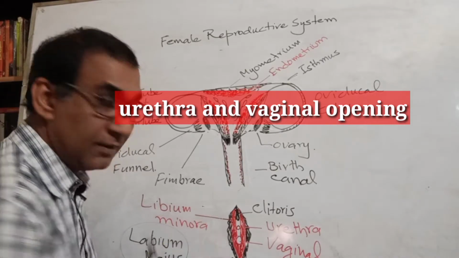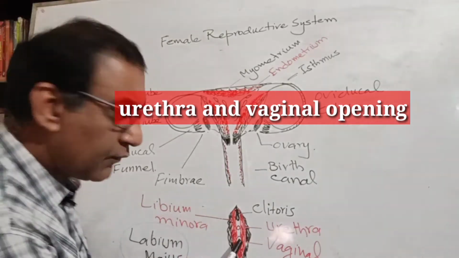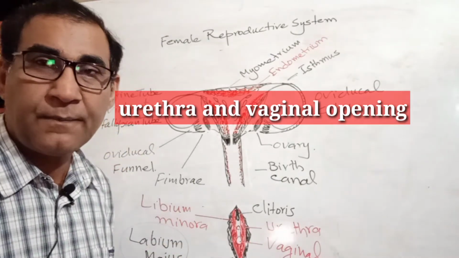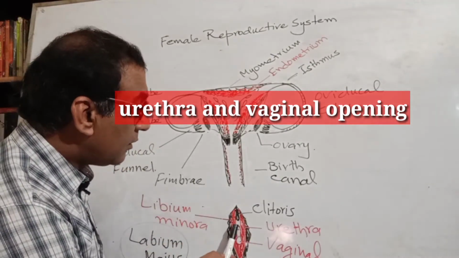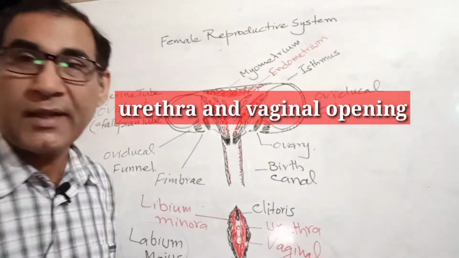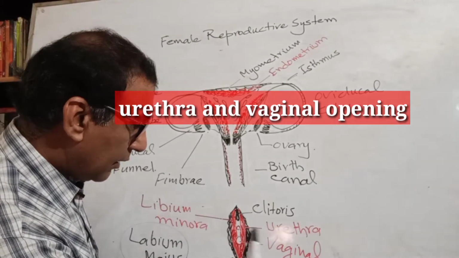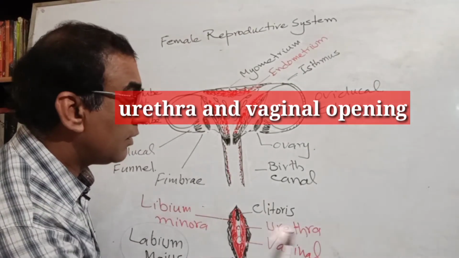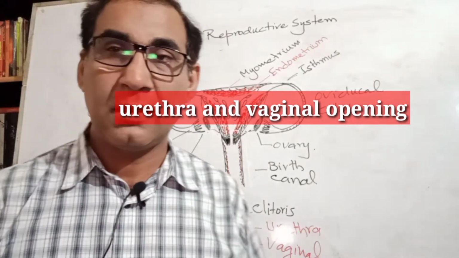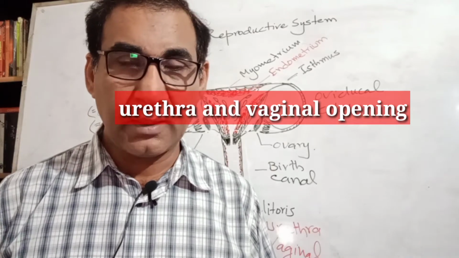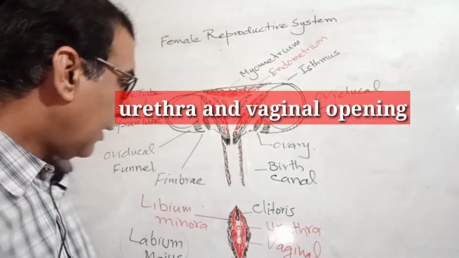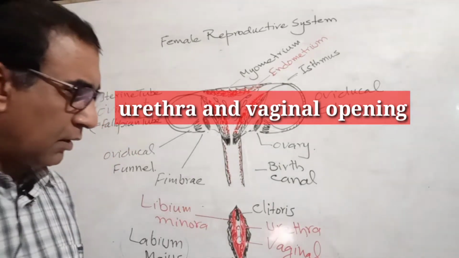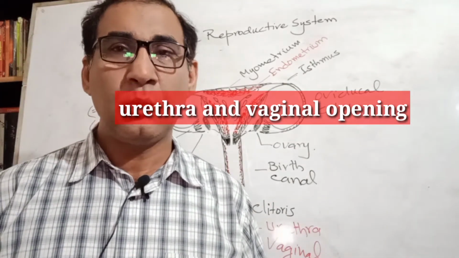Here are two openings. You can make a note of these openings, this one and this one. The upper opening, on the ventral side, is the urethral opening or urethra. And the lower one is known as the vaginal opening.